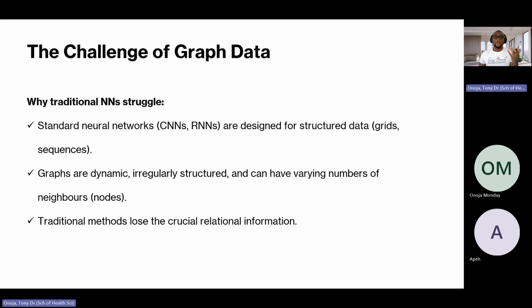Okay, so the standard neural networks, that's the CNN and RNN, are designed for structured data, like a grid or sequence and all that. Now, I'll make emphasis on that.